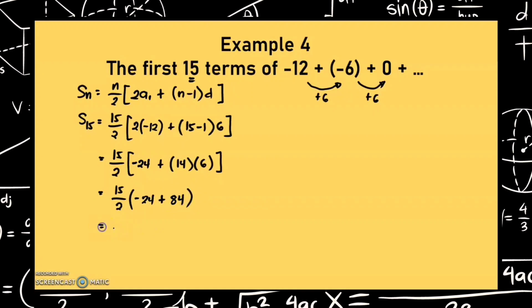So 15 over 2 times negative 24 plus 84, that is 60. Instead of dividing 15 by 2, why not divide 60 by 2? 60 becomes 30 and 2 becomes 1. Then 15 times 30 gives us 450. So the sum of the first 15 terms of the given sequence is 450.